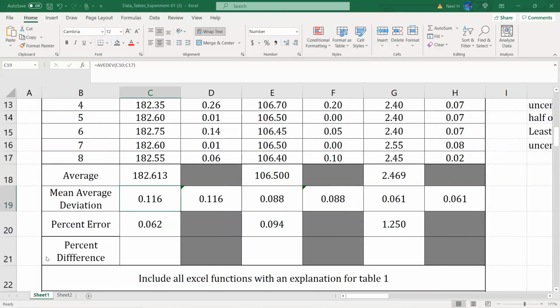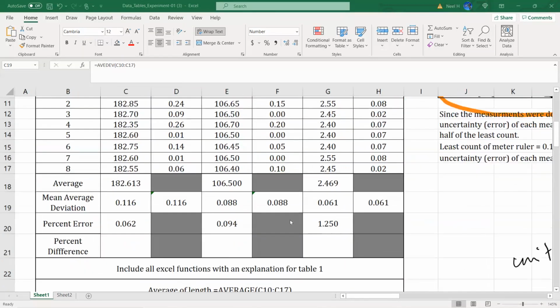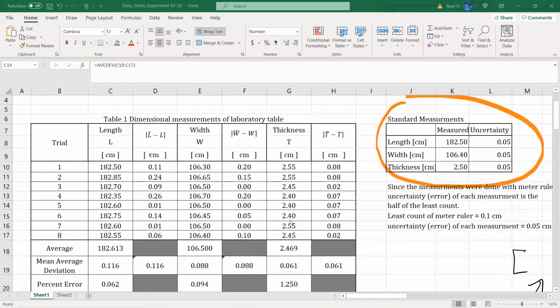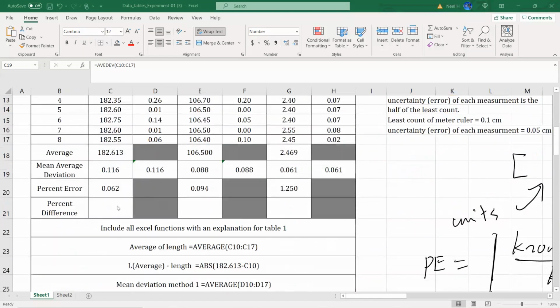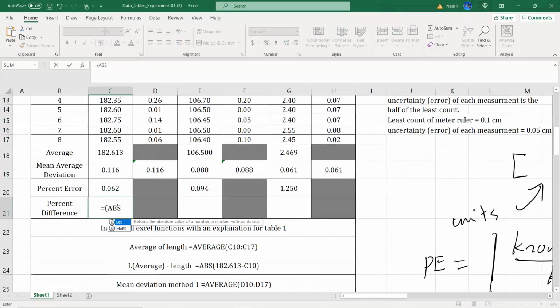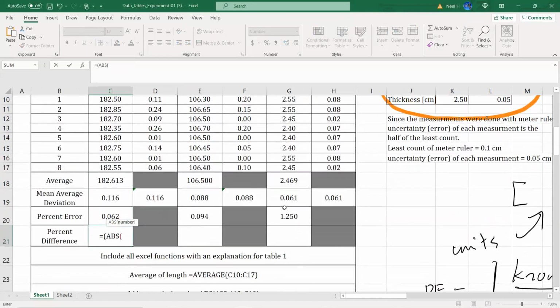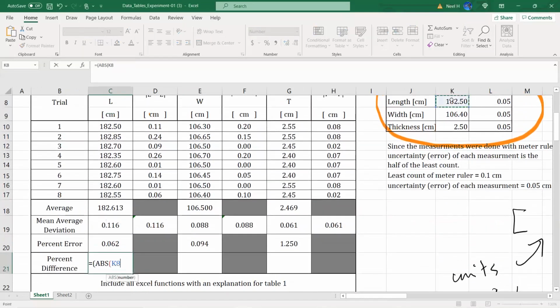Okay, guys, question. Okay, let's do the percentage difference then. So this is going to be equal open bracket ABS again, open bracket expected length, which is right here, cell number K8 minus cell number C18, close bracket, divide by open double bracket, because the denominator should be the average.